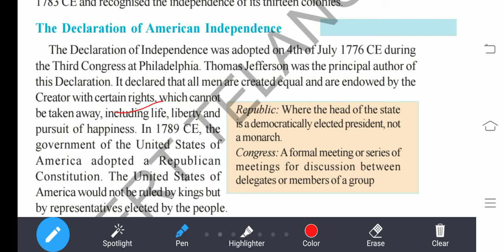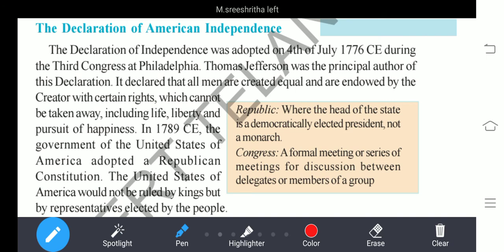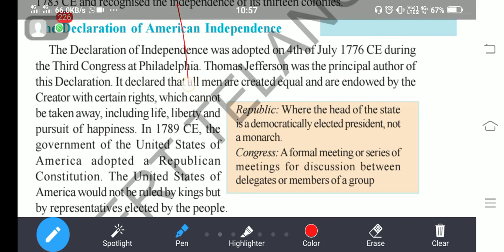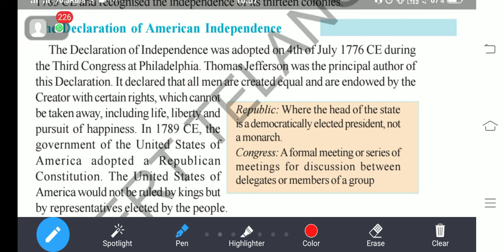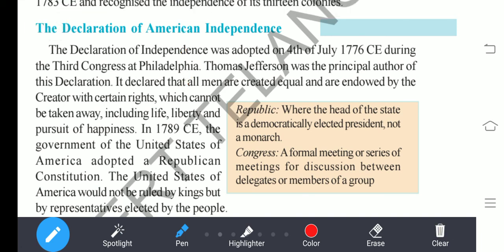Every man has to get all his needs, then only will he be happy. So there is this right for all the people equally. That is stated by Thomas Jefferson in the Declaration of Independence of America.